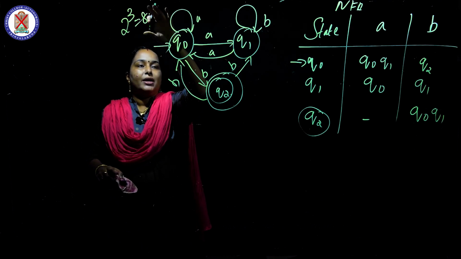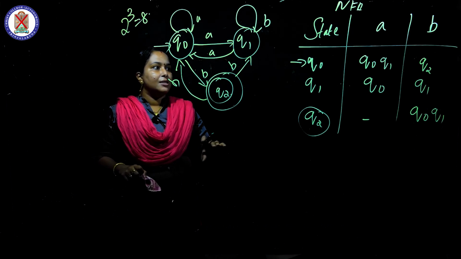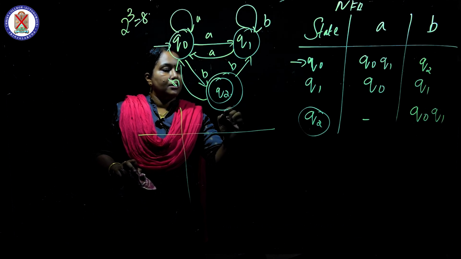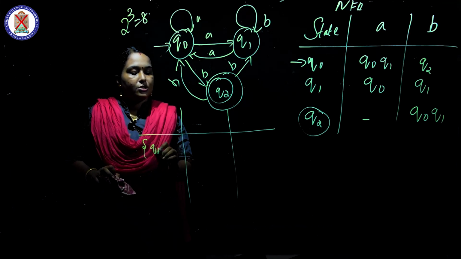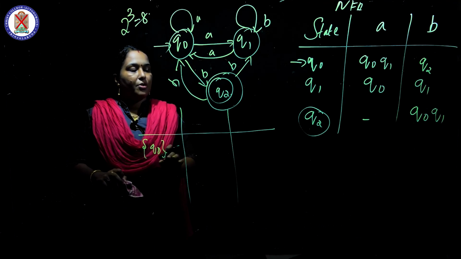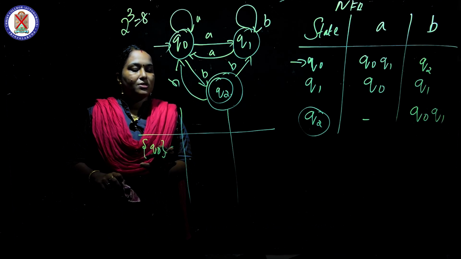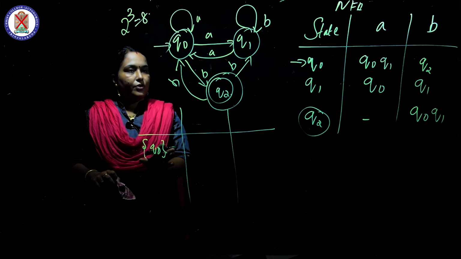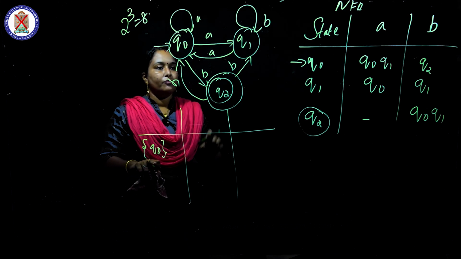So that's why I have said the method from the previous video: start from the starting state and make it as a set. The start state is Q0, set Q0. No need to write the power set of all sets. I start from the set Q0 because when moving from NFA to DFA we are writing every state as a set, so every combination must be taken care of.